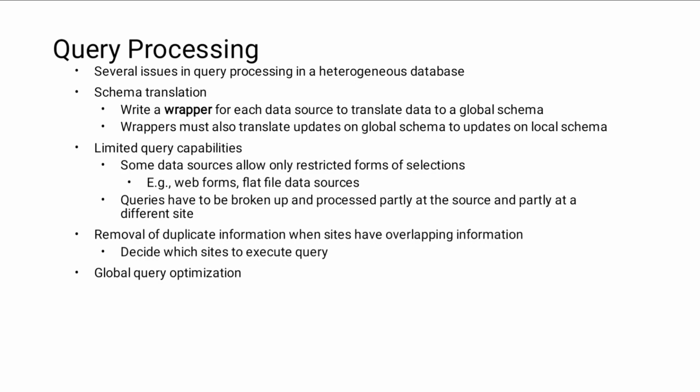Only limited query capabilities are available because some data sources allow only restricted forms of selections, for example web forms and flat file data sources. Queries are to be broken up and processed partly at the source and partly at a different site. If we want to remove duplicate information when sites have overlapping information, then global query optimization is considered.